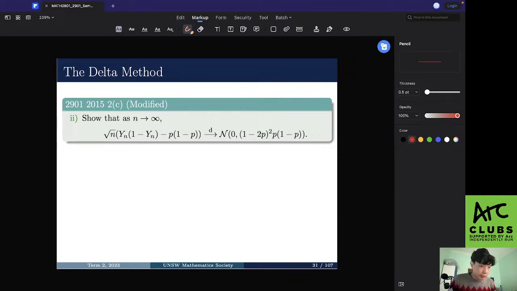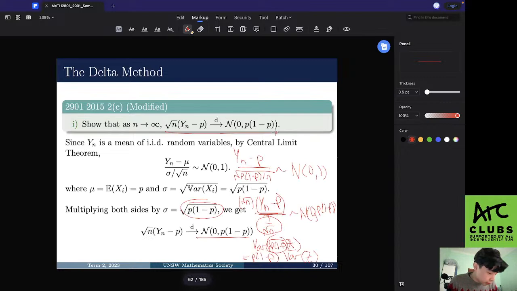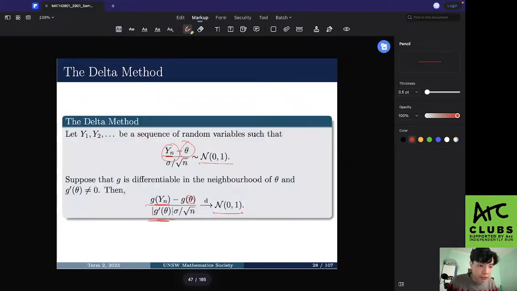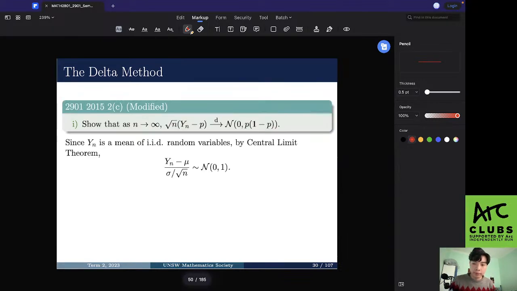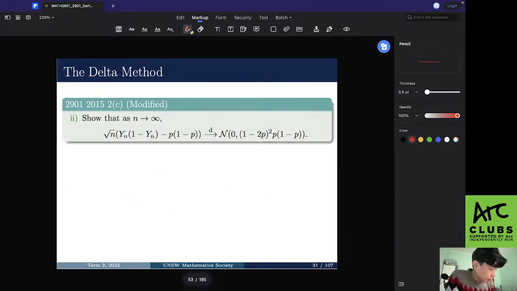Now here's a bit of the harder part. Generally in this question, we've shown that this is true, which is actually the first condition of our delta method, right? We need to show that Yn converges to a normal distribution. And that's what we've done here. Now, we notice that we have Yn, but we have a function applied over it, right?